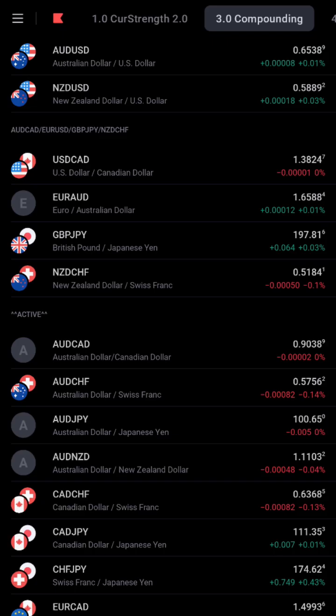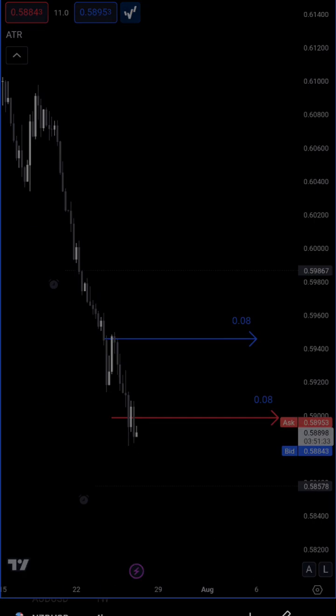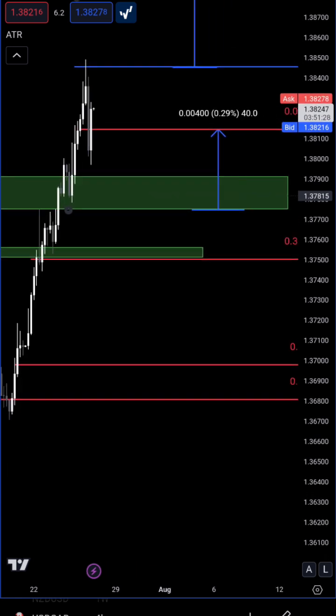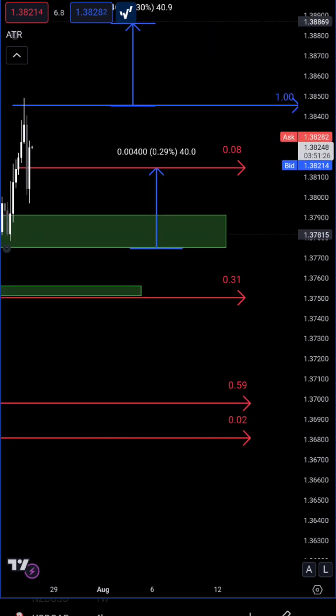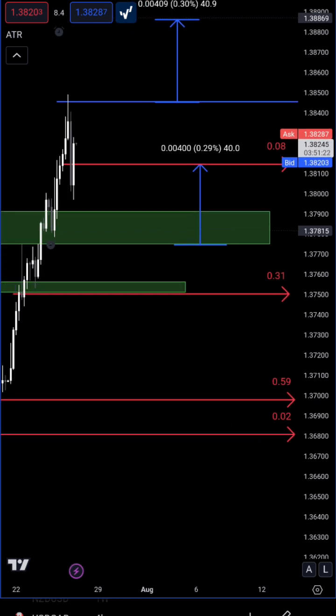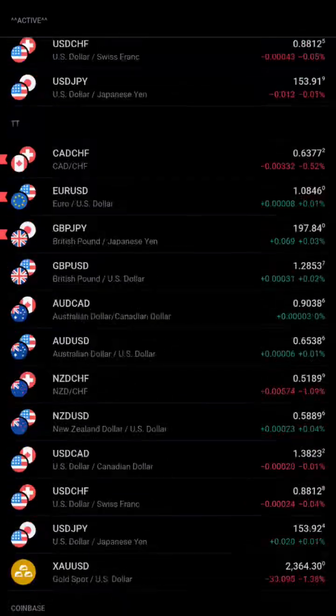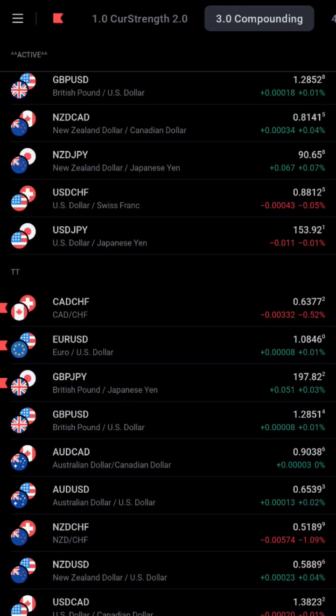And then USD CAD triggered my buy and then has slowly turned around. I still think it's going to come down a lot, so I'll probably be working with the sell side before anything else. And then outside of that, I have CAD CHF.